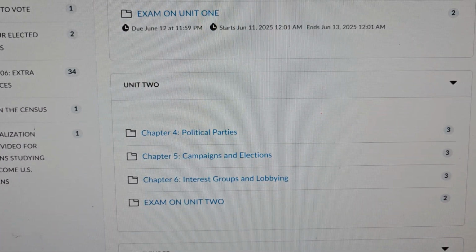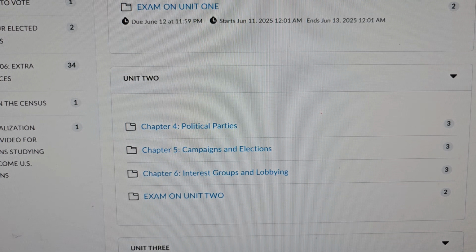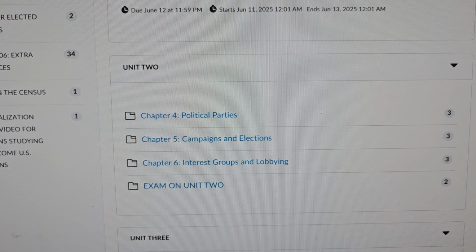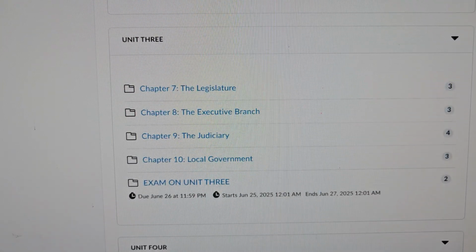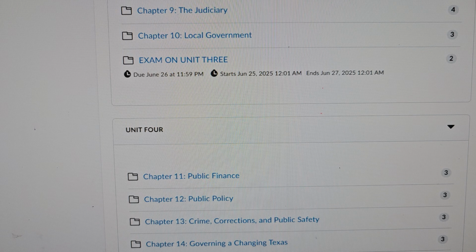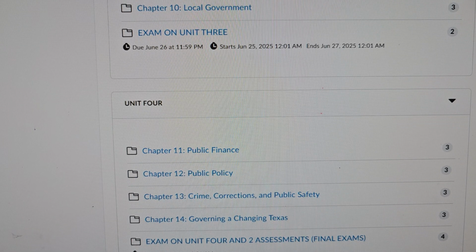Unit 2 is the same thing. It is chapters 4, 5, and 6. And then you have an exam on Unit 2, and you have an exam on Unit 3. And Unit 4 is the final exam, which covers chapters 11, 12, 13, and 14, plus 2 assessments.